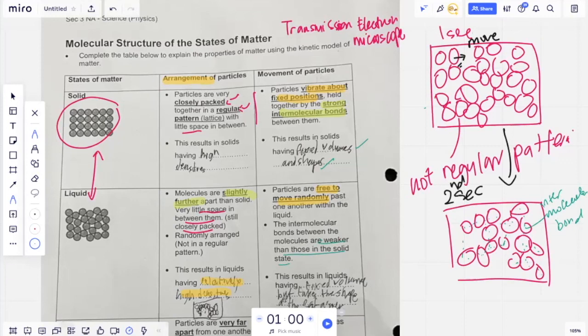Because they are very close together, they will have fixed volume, but the atoms' ability to move will cause them to take the shape of any container that they are in.